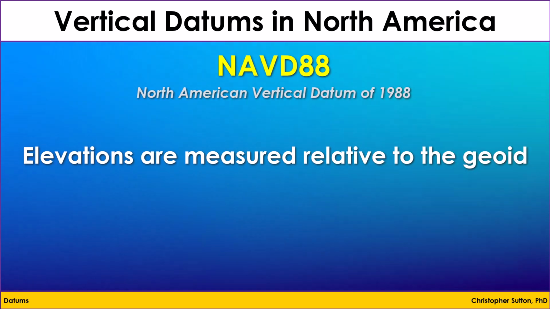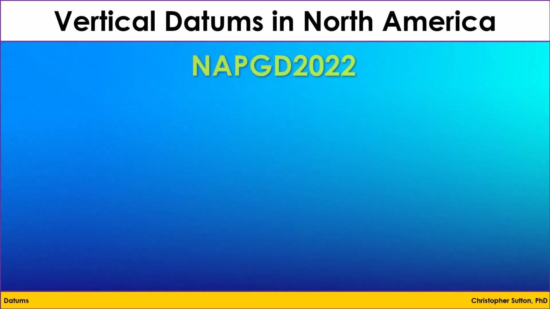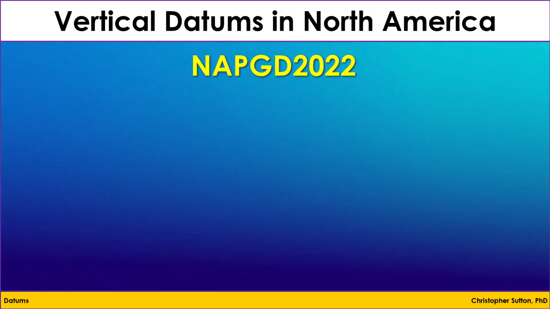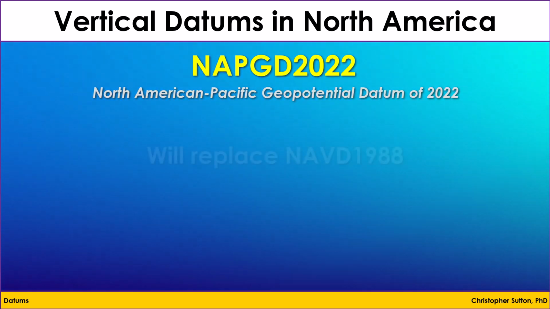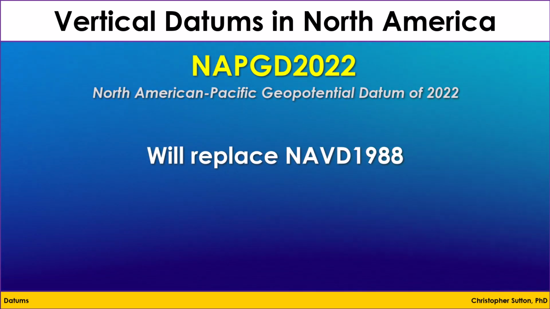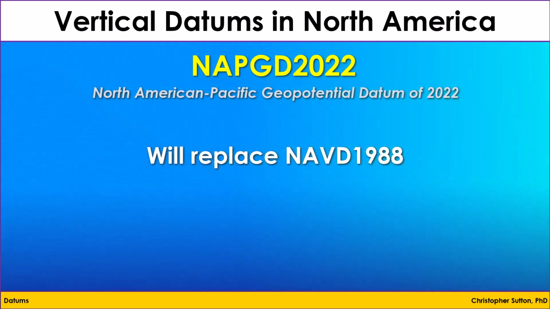NAVD 88 measures elevations relative to the geoid. The third vertical datum is the NAPGD 2022, which stands for the North American-Pacific Geopotential Datum of 2022 and will replace NAVD 88. It also is based on the geoid.